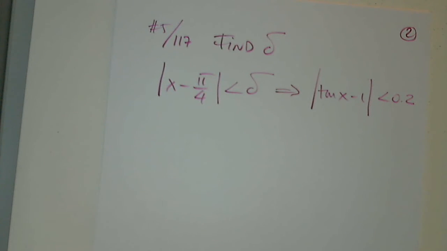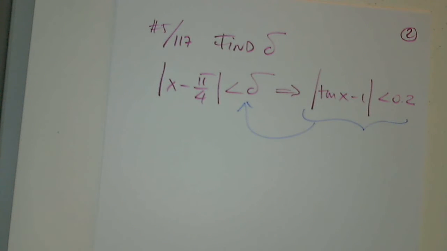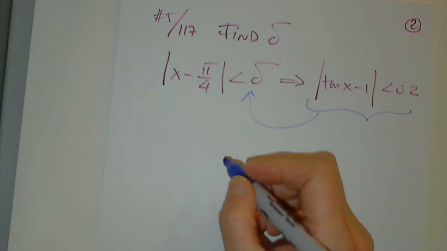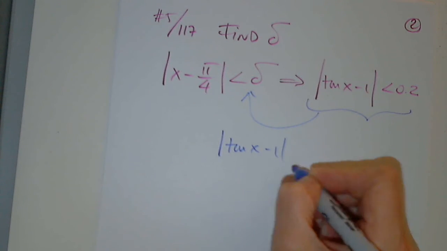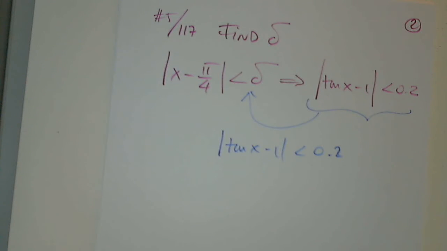So here's our first step. Of course, we have to start here and somehow get that, exactly as we did in the past. So the absolute value of tangent x minus 1 is less than 0.2. We looked at a problem similar to this. How does this translate?